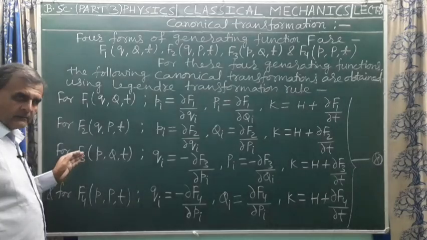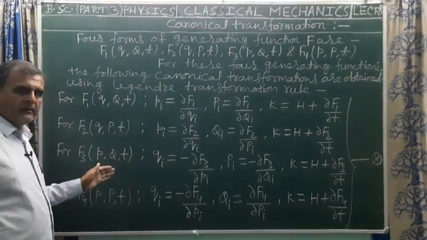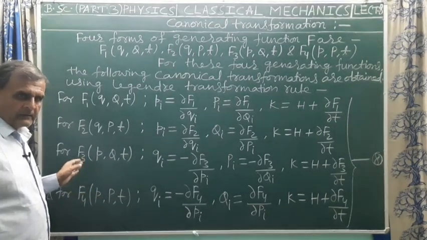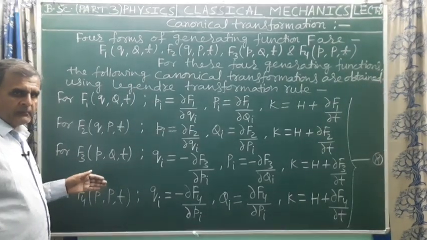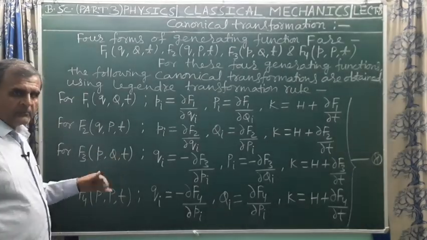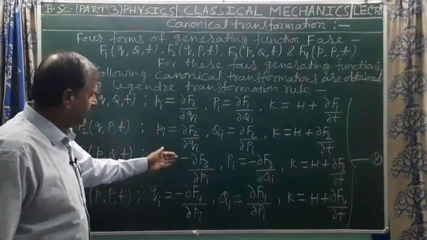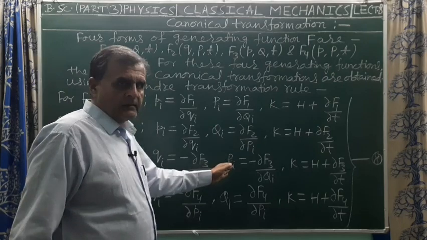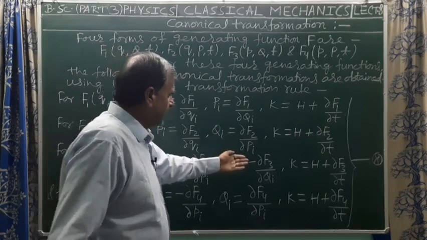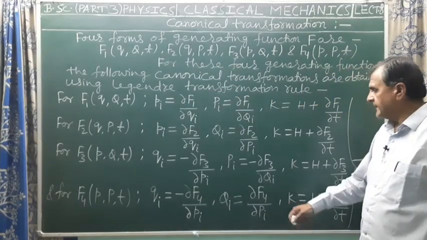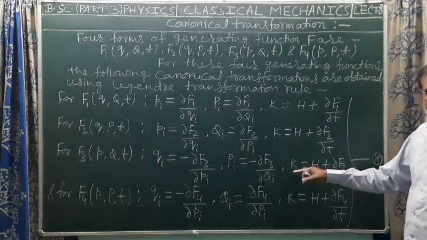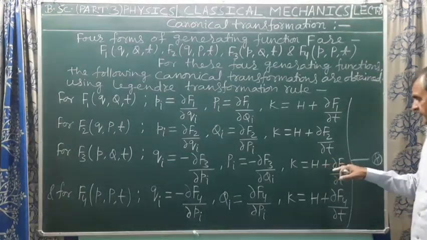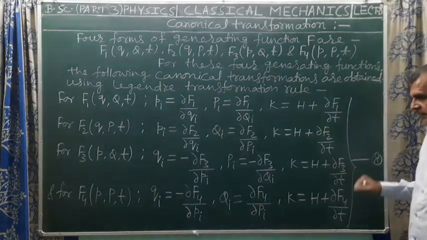For this generating function, the canonical transformation equations are small qi equals minus del capital F3 upon del small pi, capital Pi equals minus del capital F3 upon del capital Qi, and the Hamiltonian in the new system is given by capital K equals capital H plus del capital F3 upon del t.